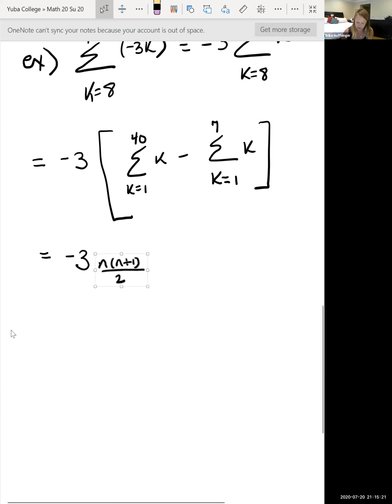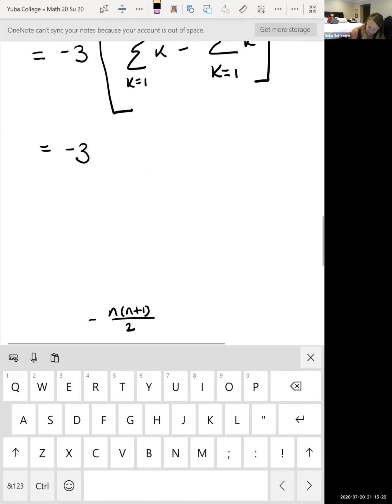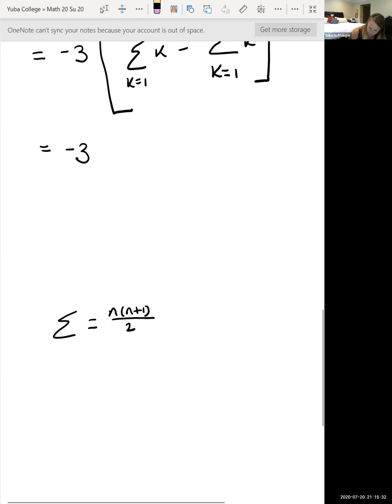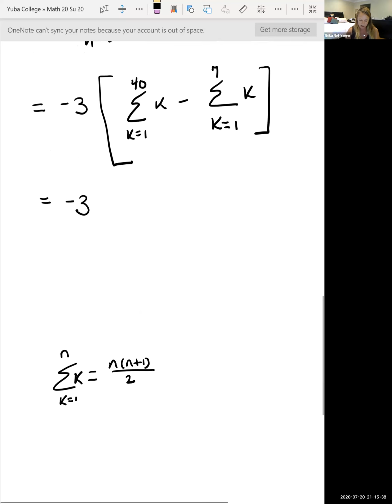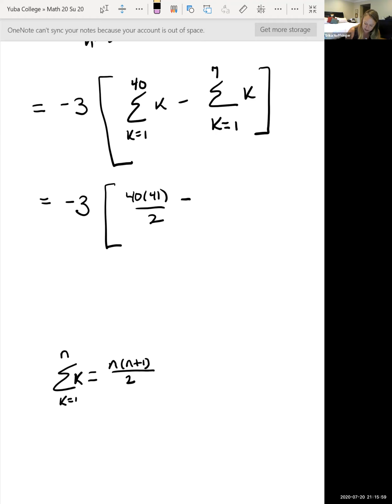In our case, our n is 40 for the first summation. And so we have 40 times 40 plus 1, so 41, all over 2, minus, and now we're going to look at n being 7. So plugging in this formula, 7 times 7 plus 1, which is 8, all over 2.